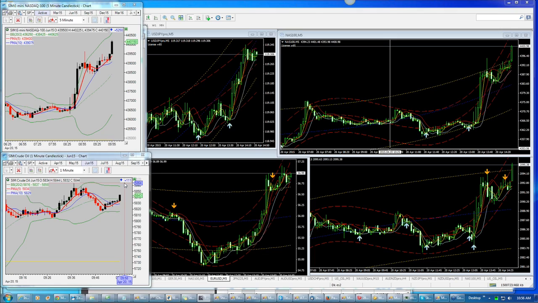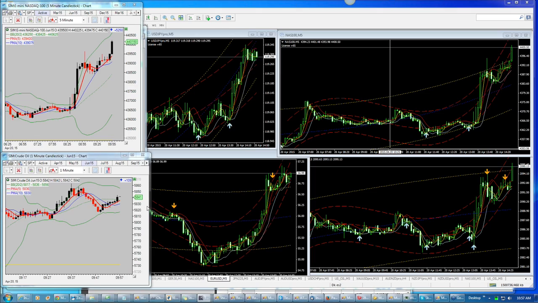I wouldn't be surprised if crude takes out the high. Yeah, looks like it wants to. Pretty good volume on this push too. Yeah, that's a pretty good spike. I haven't looked at stocks yet, but one can only imagine, right? Exactly. Up and away.